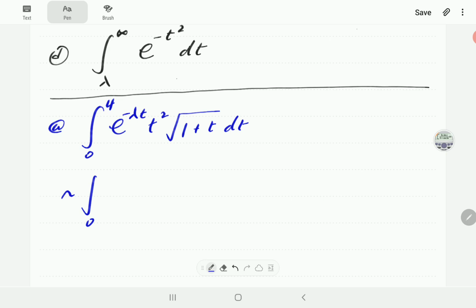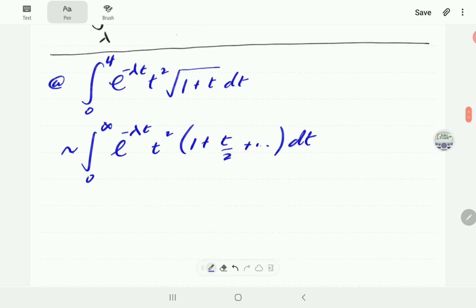So we are going to adjust the limits to 0 to infinity. Since we're only looking for the two-term approximation, we are only interested in the first two terms of the binomial expansion of square root of 1 plus t.